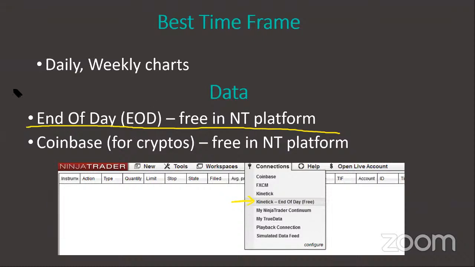Super simple to connect to, and it is free. And if you're into trading cryptos, there is the Coinbase connection. It is in here, and it is also a free, built-in connection in NinjaTrader. So no problem with data, super simple.